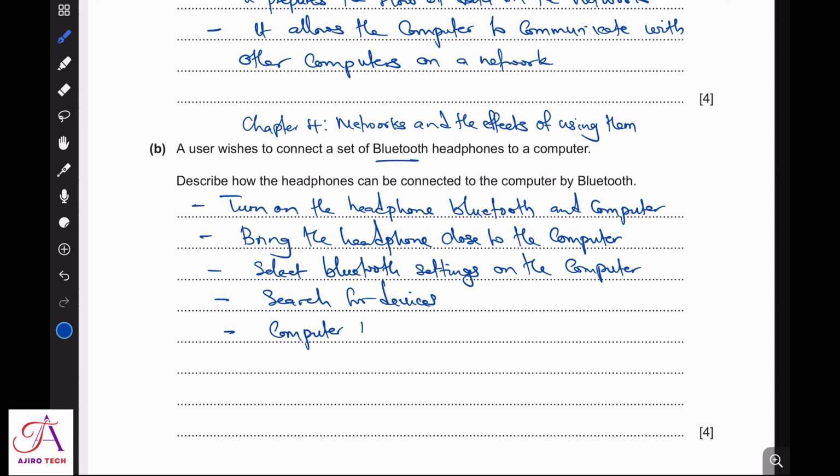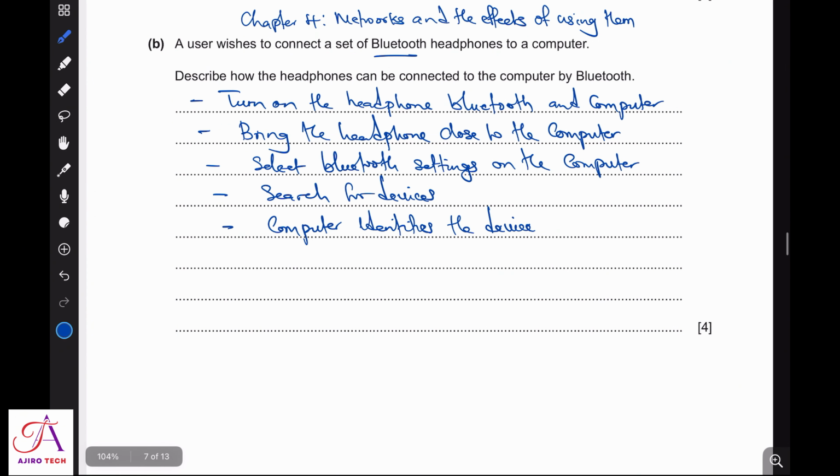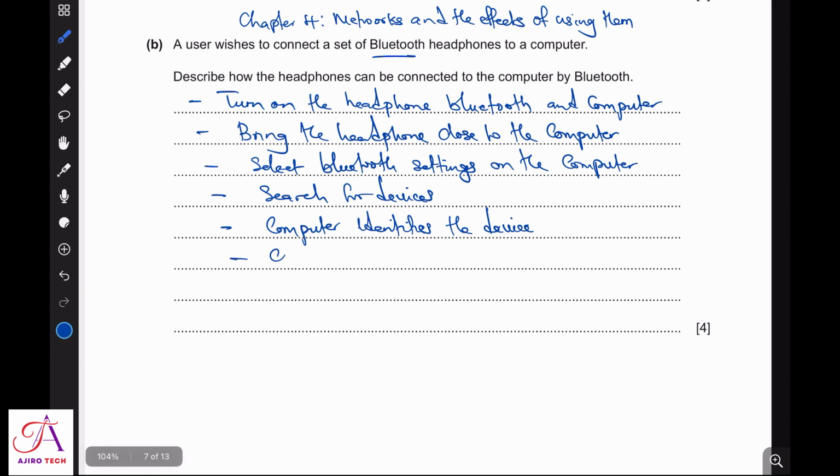Computer identifies the device. Click to add the device.